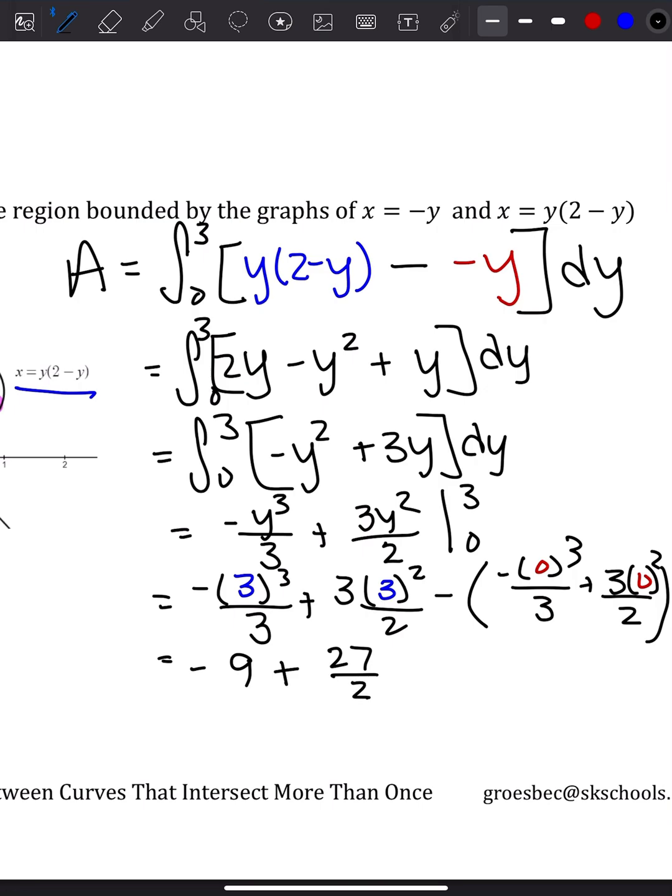We're going to change negative 9 in terms of 2, so we have negative 18 over 2 plus 27 over 2. If I do 27 minus 18, this gives me 9 over 2. So I know that my answer is going to be 4.5, or 9 over 2.